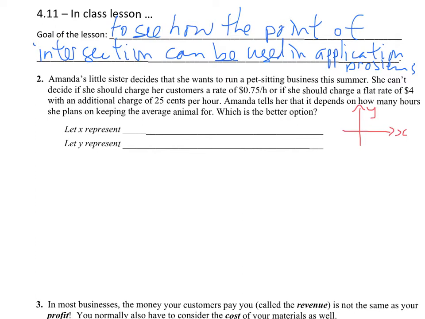So what depends on what? Look at what they're talking about here. What do you think we would let x represent? Hours. Yes, so we would let x represent time, which is hours in this case. So let x represent the number of hours pet sitting.